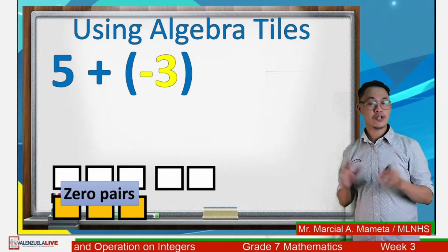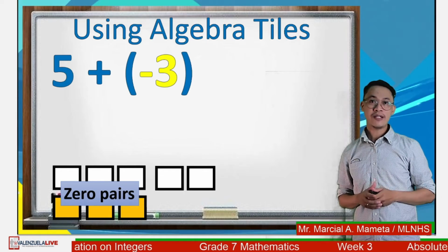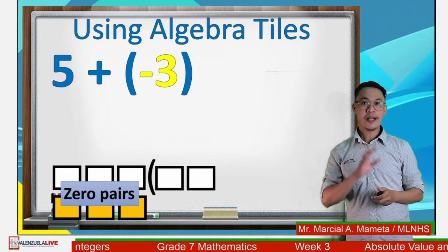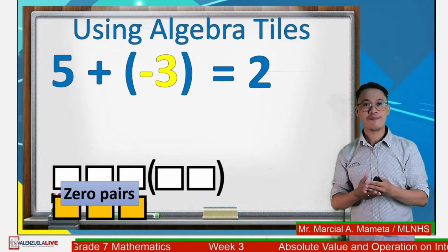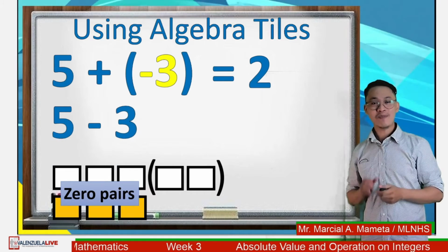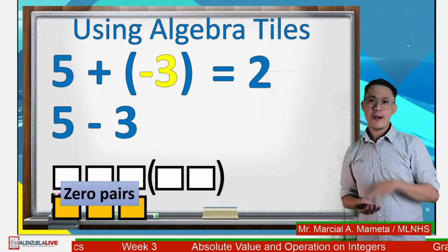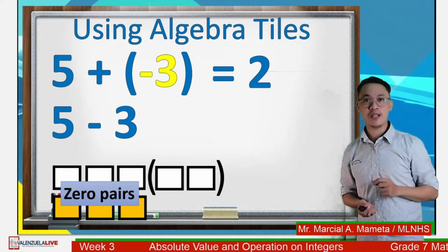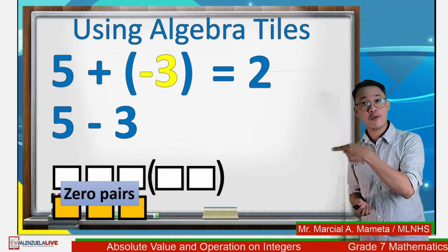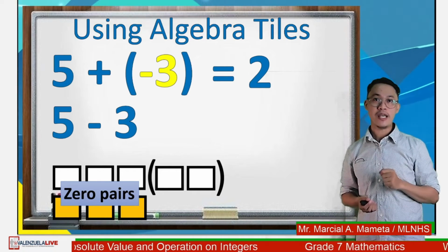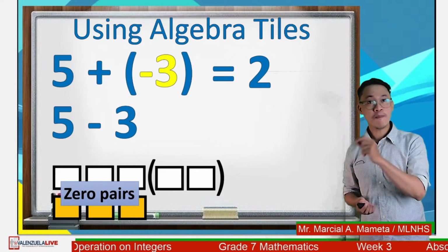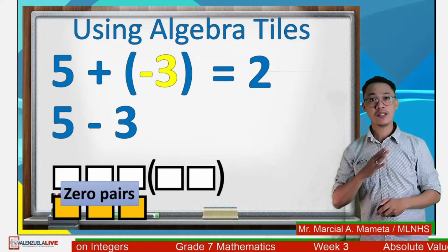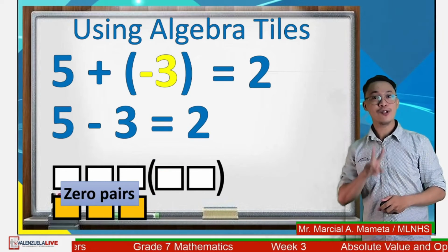So all we need to do is to omit that. How many remains? It is equal to 2. But before that, we notice that 5 plus negative 3 is also equal to 5 minus 3. And 5 minus 3 is also equal to 2.